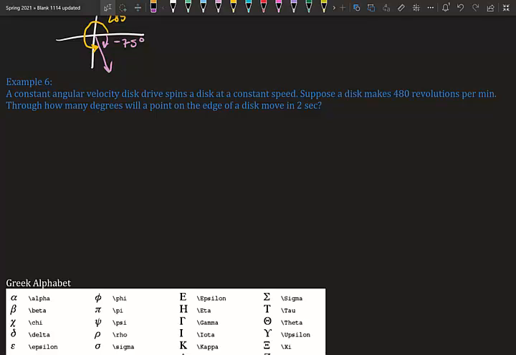So that disk is spinning 480 times per minute. We want to know how many degrees it spins, because each revolution is 360 degrees. Remember, a revolution is 360 degrees. But that's per minute. I want to know how many degrees it rotates in 2 seconds.